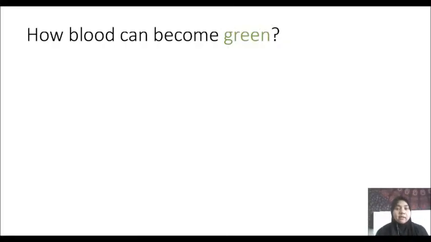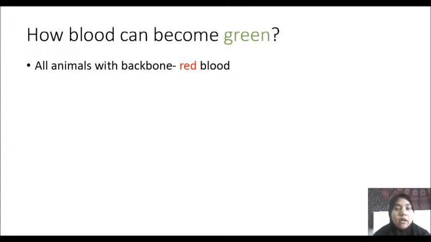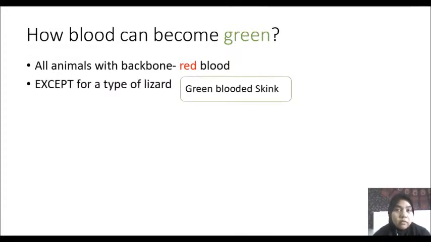So let's move to the next question. It is an interesting question regarding respiratory pigment in animals, which is how blood can become green. Do animals like humans have a time when the blood will become green? I will explain it later. Basically all vertebrate animals have red blood, except for a type of lizard, the green-blooded skink.